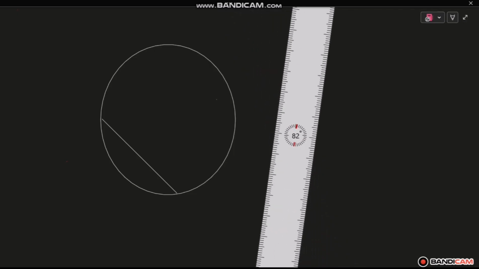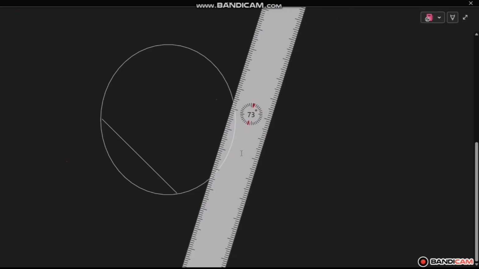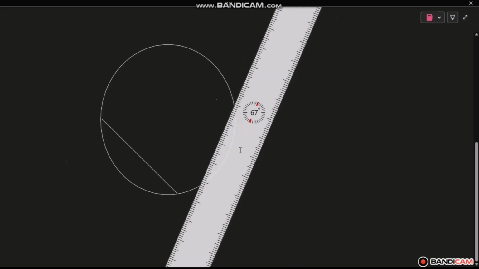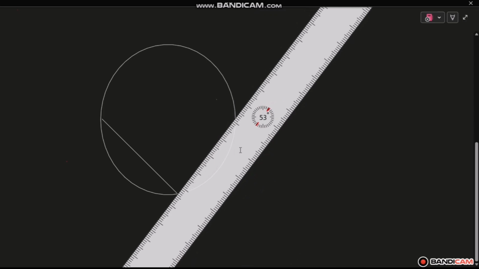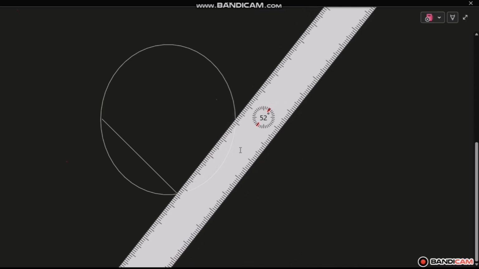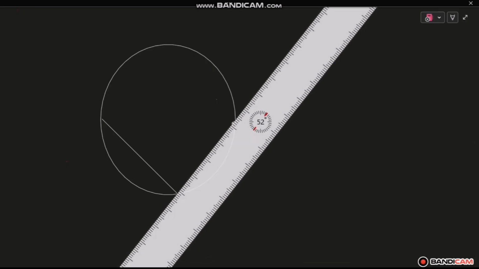So if A, B, C, and D do not all touch the circumference, it means that it is not a cyclic quad. So now I want to draw a cyclic quad and extend it so that it can have an exterior angle. An exterior angle is just an angle that is outside the circle.